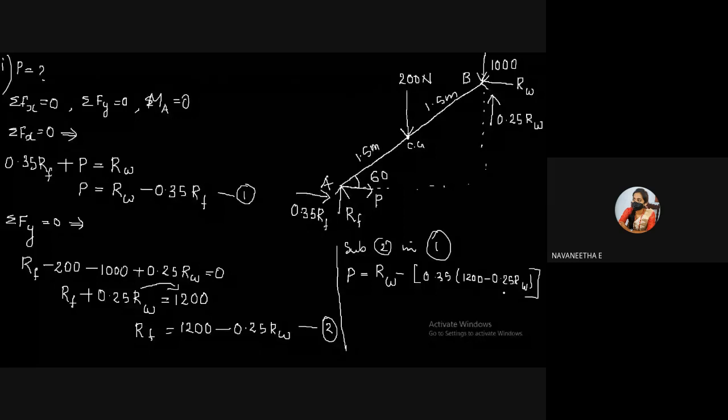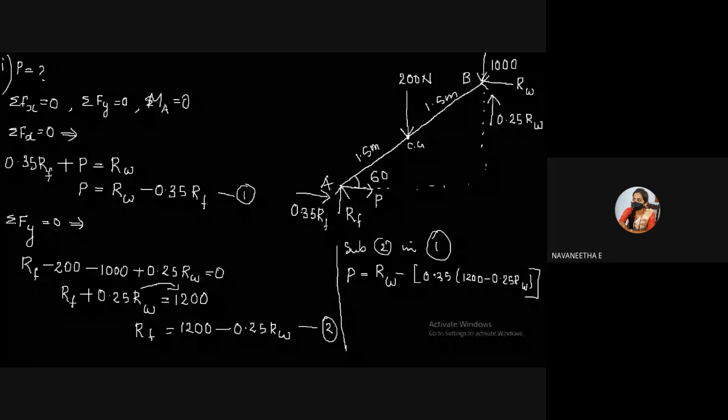Okay. You can multiply 0.35 with 1200 and 0.25, taking it inside the bracket, so you will get a smaller value. So this is our third equation.